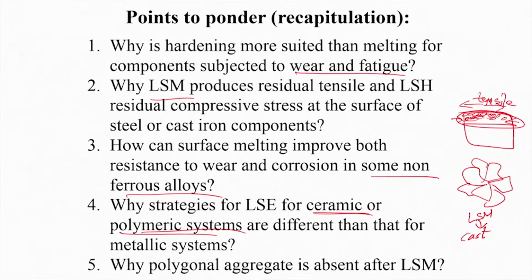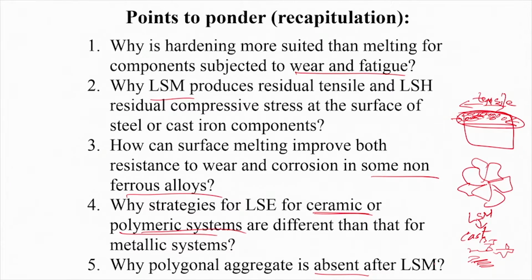So they are highly inhomogeneous, and you may see some dendritic patterns, but not complete polygonal shape. So this dendritic pattern will show up, or maybe directionally solidified grains, but not really a polygonal microstructure. So this is absent after surface melting.